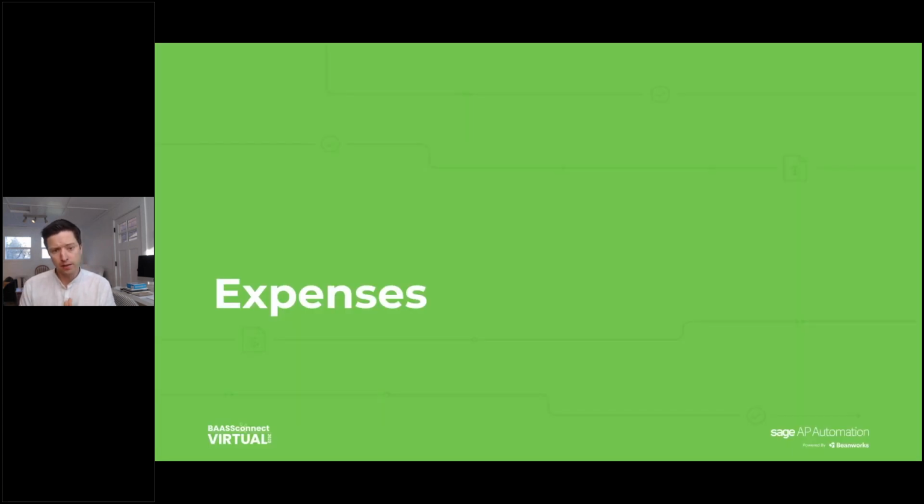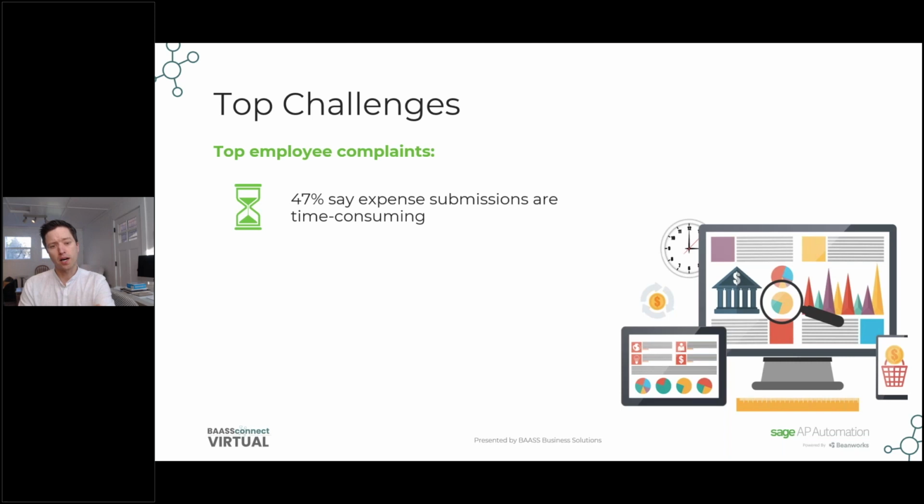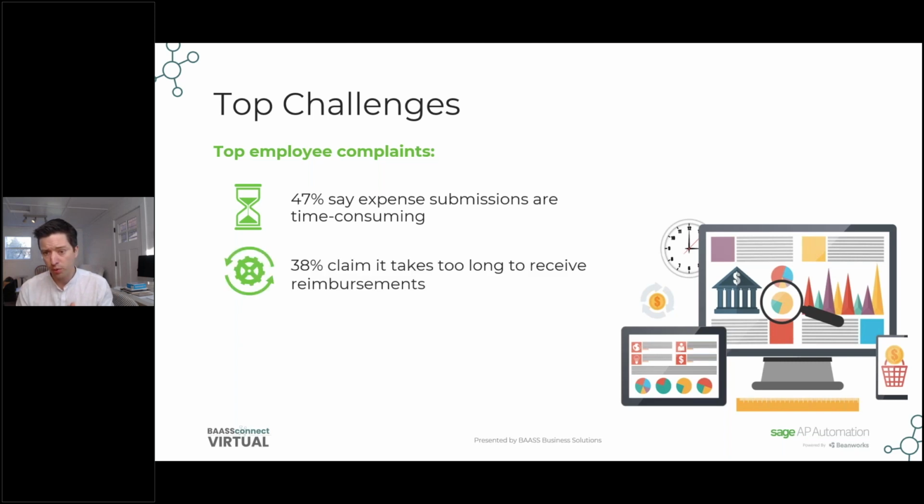The third AP process we're going over today is expenses. So a survey conducted in 2018 with 500 AP professionals showed that 47% of employees find expense submissions too time-consuming. Another 38% of employees said it took too long to receive their reimbursement.